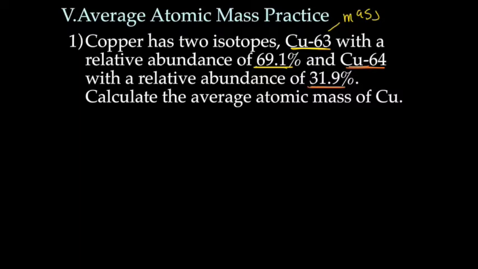All right, so remember, we're now going to calculate the average atomic mass. So what we do is we multiply the mass times the relative abundance, and this mass times its relative abundance, and then add the 2 answers. So I'm going to take the mass of copper 63, which is 63, and I'm going to multiply that by 69.1% written as a decimal.